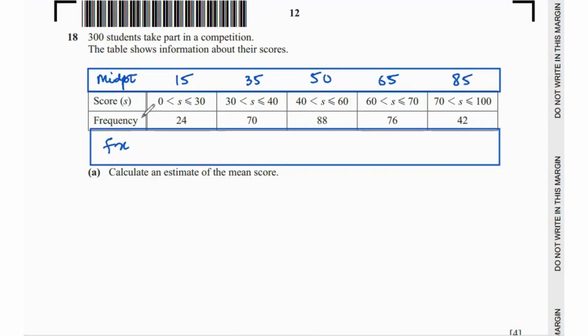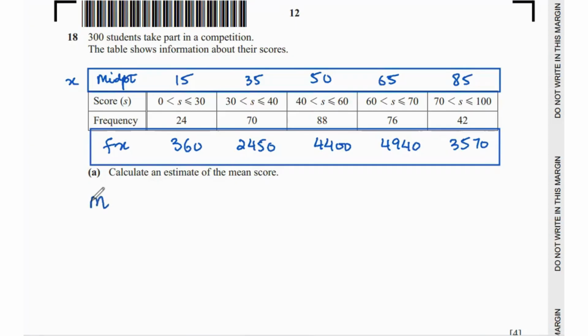So now we multiply the frequency value with the x value. So 15 times 24 is 360. 35 times 70 is 2,450. 50 times 88 is 4,400. 65 times 76 is 4,940. And 85 times 42 is 3,570.